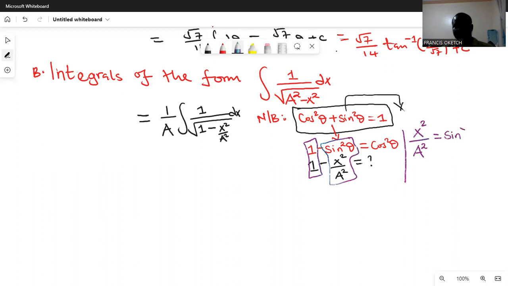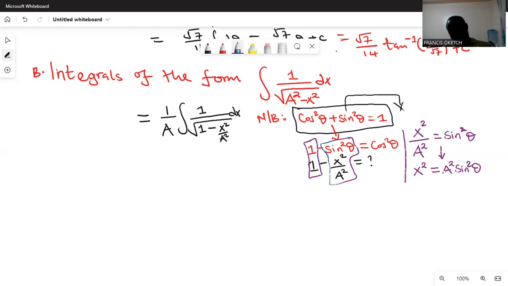So what we do here is to make x the subject. When you cross multiply, let me correct this: instead of x, it's supposed to be theta. So we make x the subject, and we'll have x squared being equal to a squared times sine squared theta.